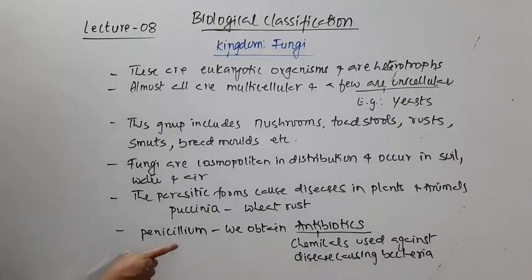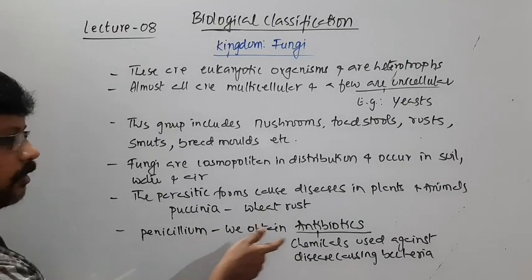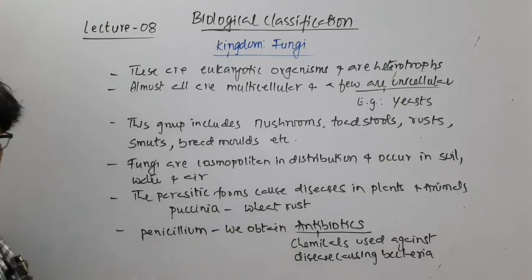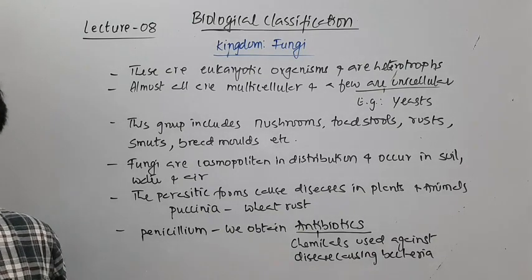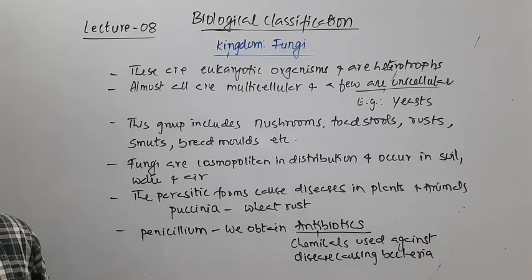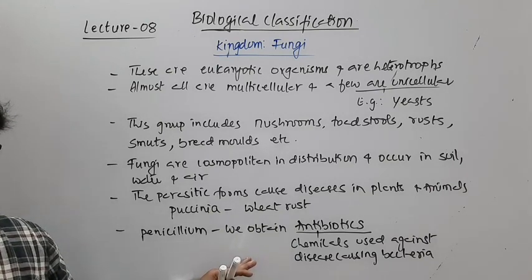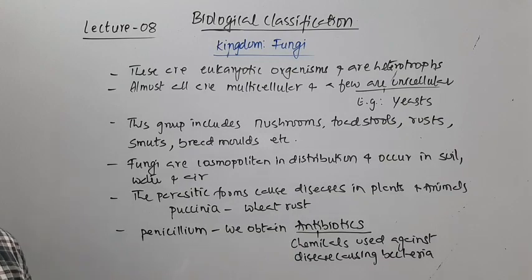So penicillium is a fungus from which we obtain antibiotics, which are chemicals produced by a certain group of fungi. Not all, a certain group of fungi will produce these antibiotics, and we make use of those antibiotics in curing certain diseases.